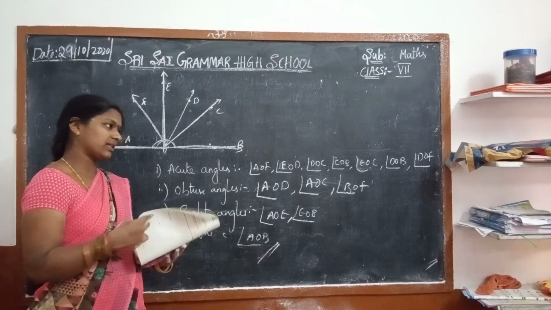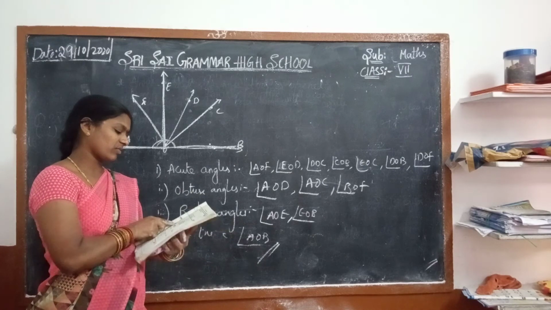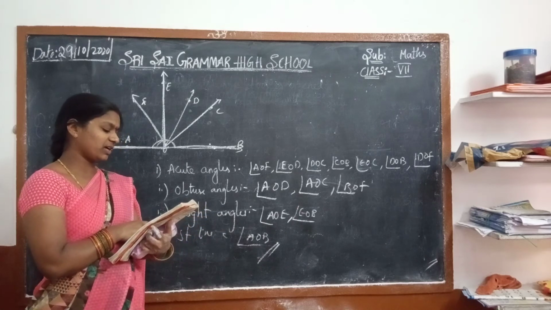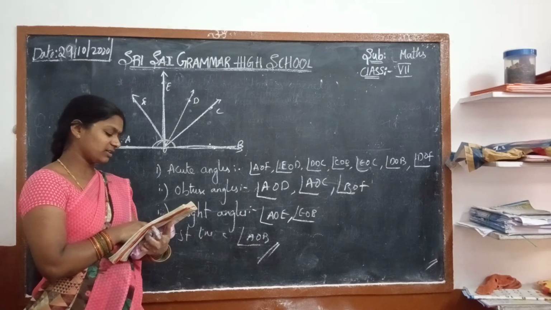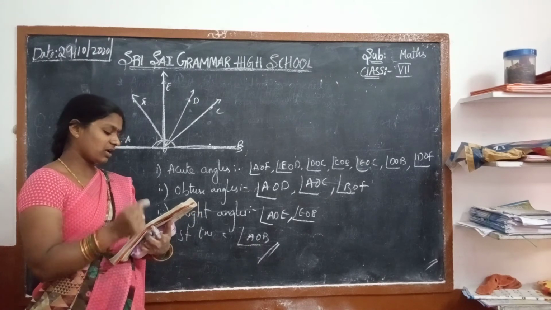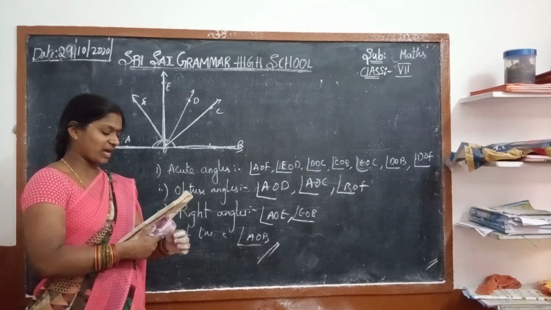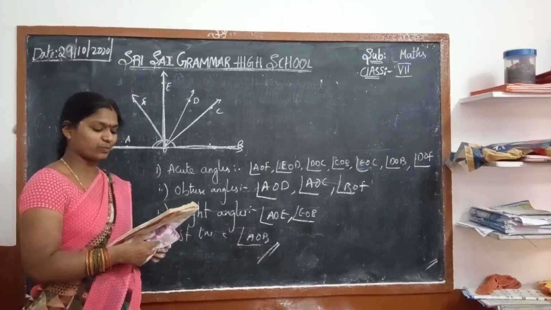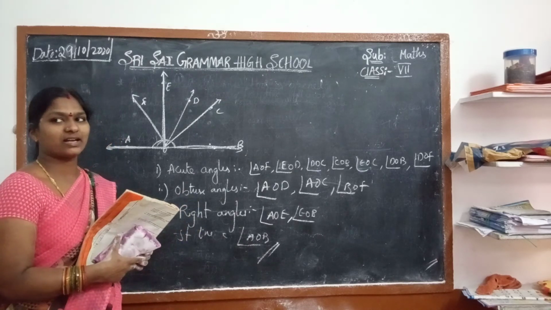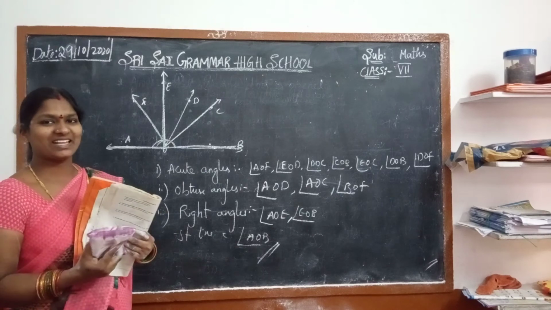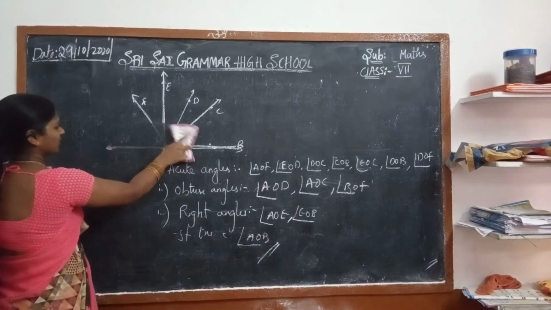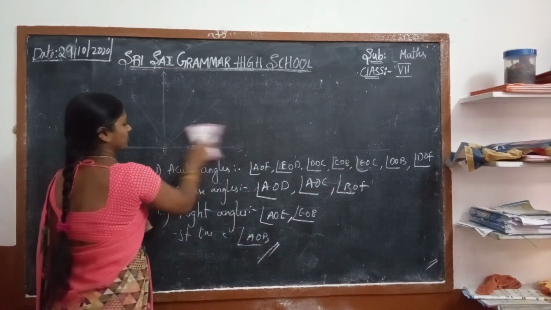Now, from the figure, find angle A, angle B, angle C, angle D, angle E in the given regions. Two arrow marks pointing in the same direction represent parallel lines. They are given like this.